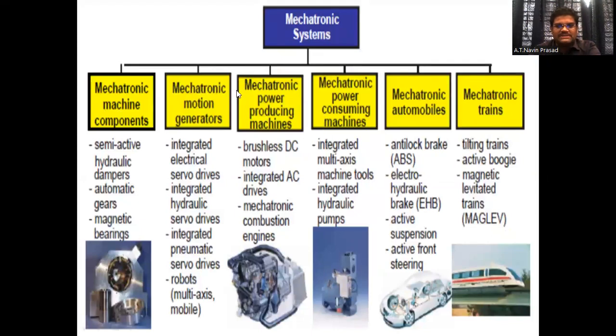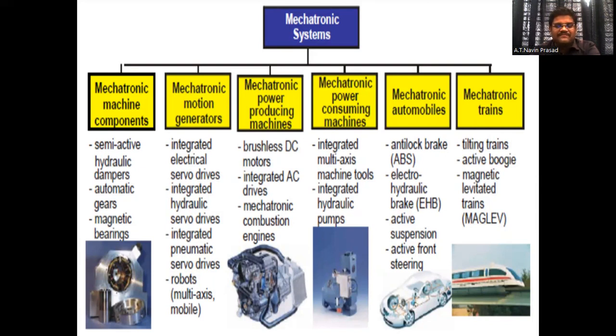These are the mechatronic systems we see in our daily life. First are the mechatronic machine components: automatic gears, magnetic bearings, and semi-active hydraulic dampers. Mechatronic motion generators include robots, integrated pneumatic servo drives, integrated hydraulic servo drives, and electrical servo drives. Mechatronic power producing machines include integration of AC drives and mechatronic combustion engines.